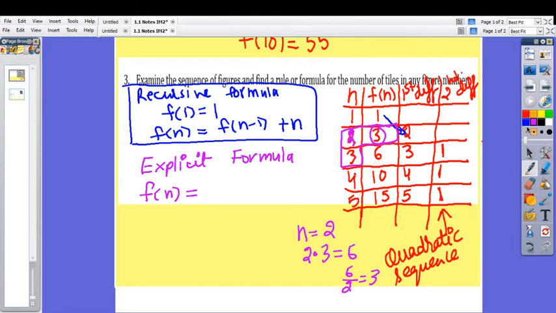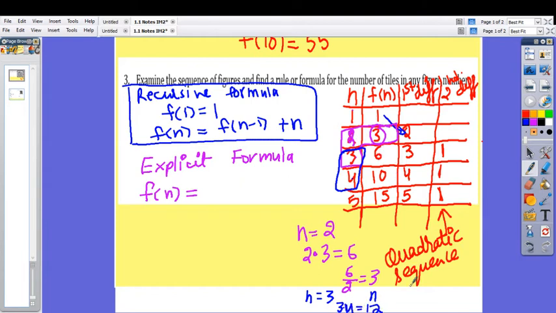Now if we do the same thing with the next one, let's say we have 3. In that case, we will be doing 3 times the next term, which is 4. So if n is 3, then we will be doing 3 times 4, which will give you 12.